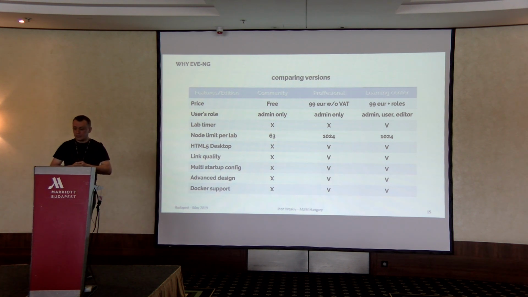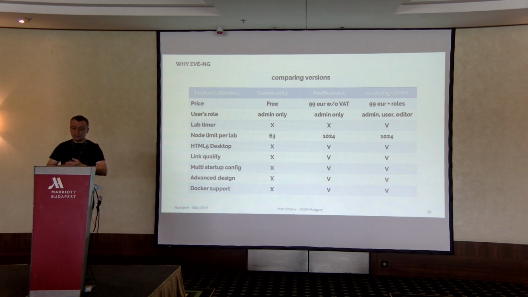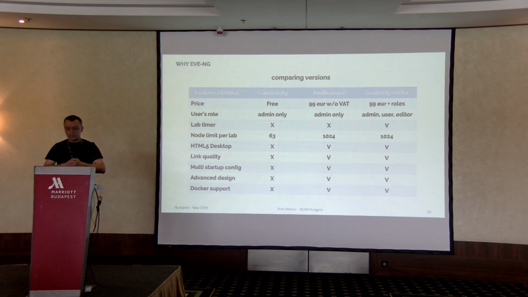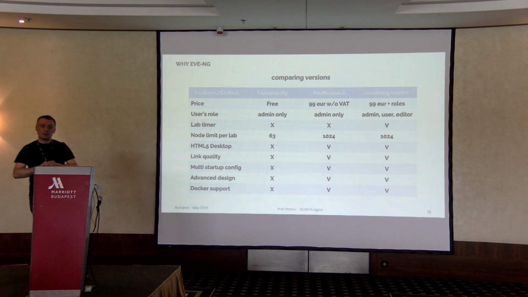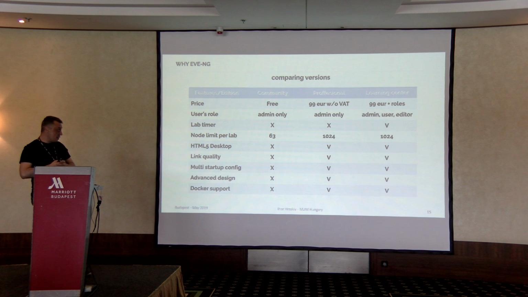Professional version is paid, 99 euro without VAT here, but you have more nodes per one lab. You have full HTML5 desktop. You have full Docker support, and you can advance design your links, custom shapes, or other pictures.